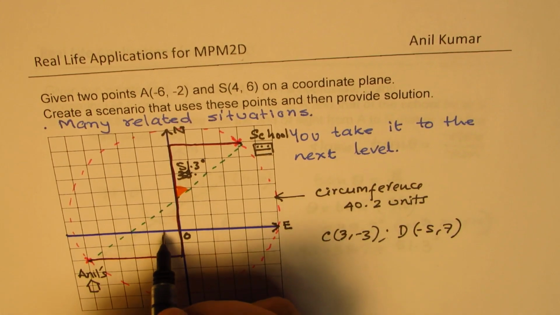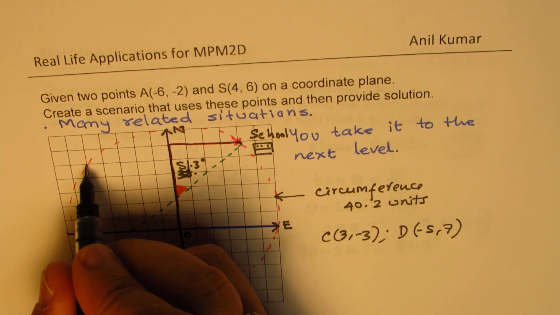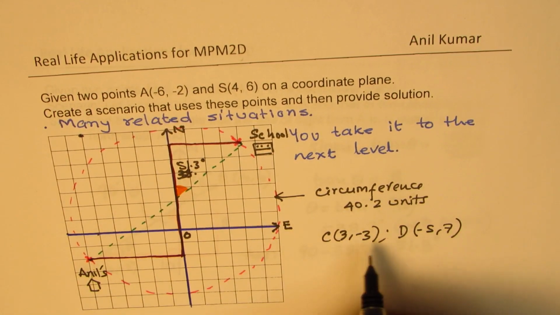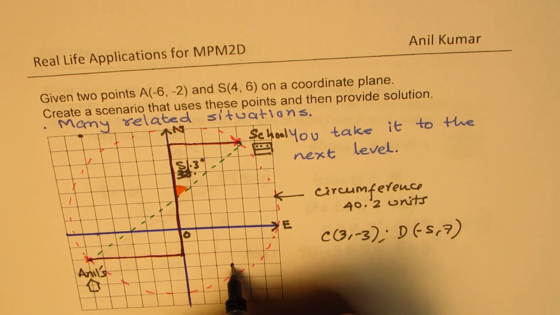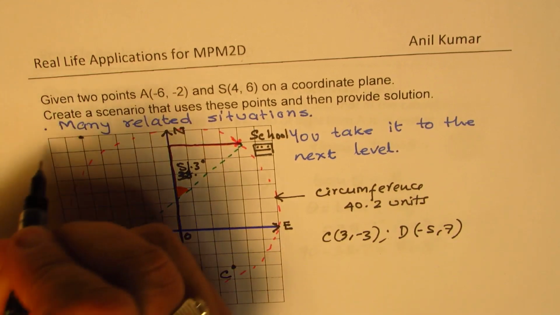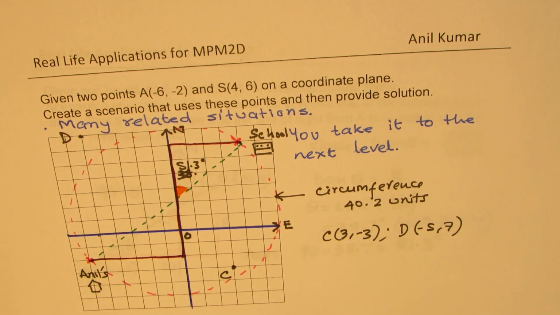Right? So 1, 2, 3, 4, 5, 1, 2, 3, 4, 5, 6, 7, somewhere there, right? And 3, minus 3, so 1, 2, 3, and 1, 2, 3. So the circle is not very perfect. However, these are the points C and D for you. So that is how we figure out so many other things related to the given scenario.